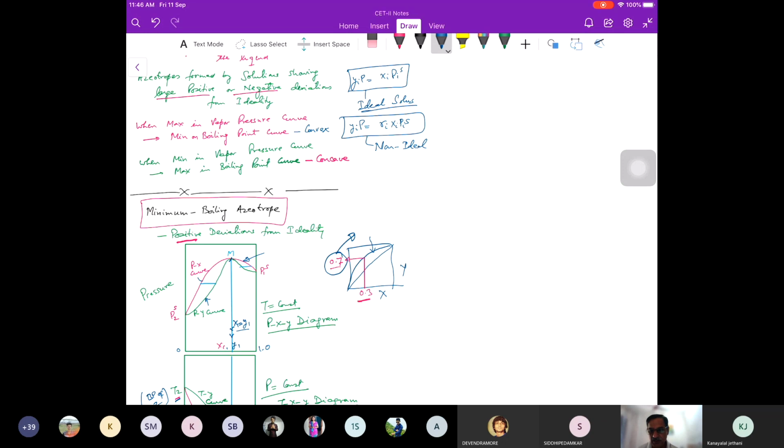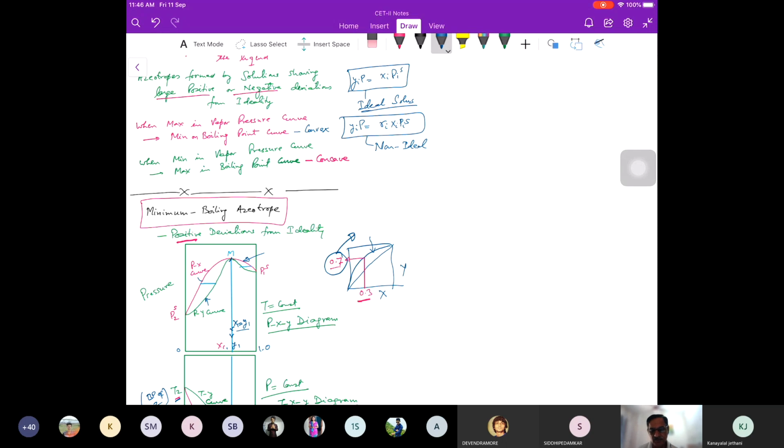What is positive deviation from ideality? Can anybody explain? What do you mean by positive deviations from ideality? Has anybody understood what is positive deviations from ideality and negative deviations from ideality? I want to see raised hands.